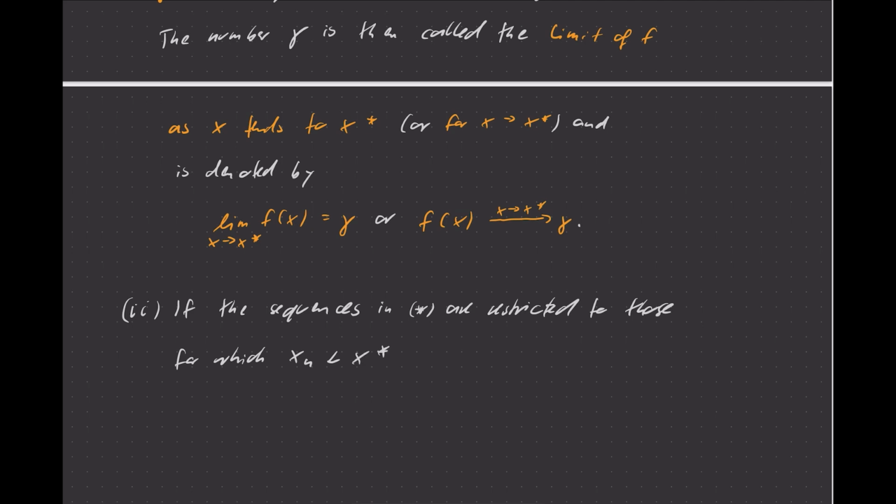Let's do those first. For all n in n0, then we call this number gamma the limit from below, or also limit from the left.